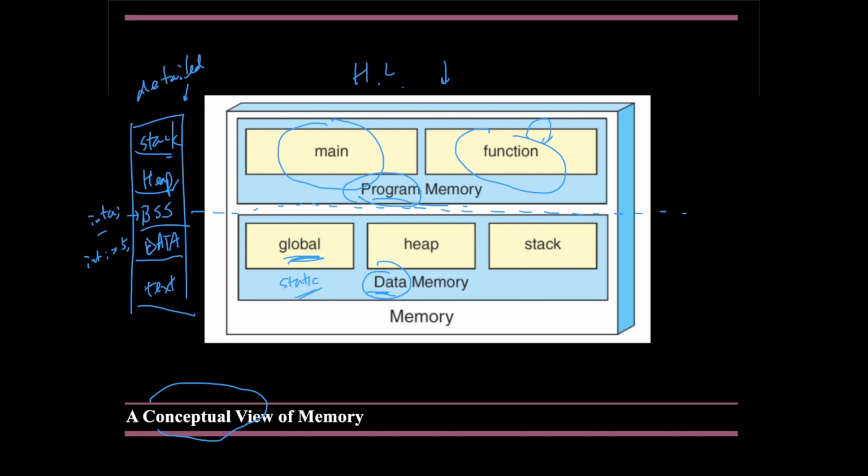Again, this static is not the same as the static memory we're talking about, but simply a static variable, which connotes that this variable is the only one at any runtime. We'll get into that in more detail later on. There's also obviously a place for heap, a place for stack, and this is all part of the data portion for storing variables, pointers, arrays, so on and so forth.